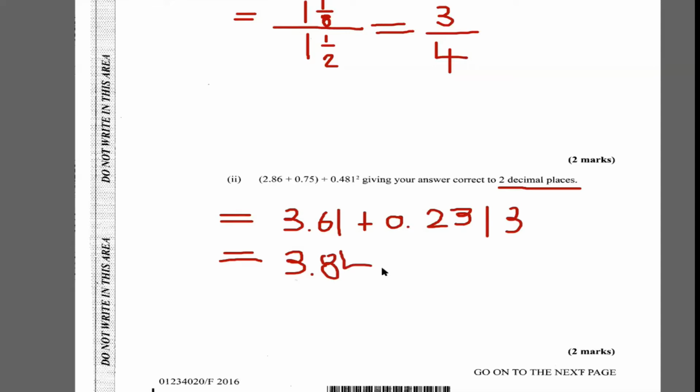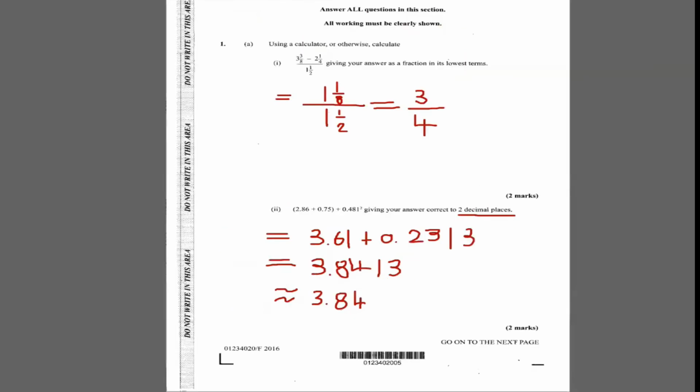But remember the question said to round off to 2 decimal places. Because this digit is less than 5, when we round it off, this is approximately 3.84 because we want it to 2 decimal places. Nice and easy. No issues with this question. Let's move on.